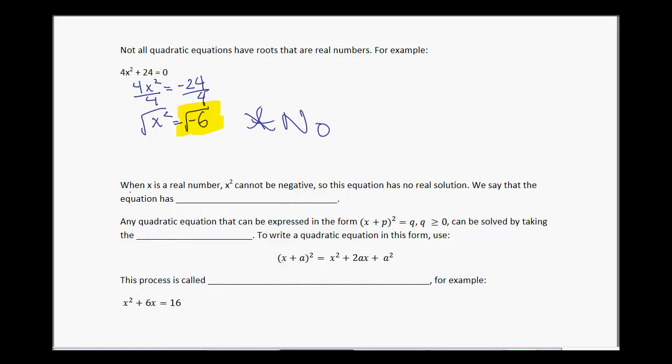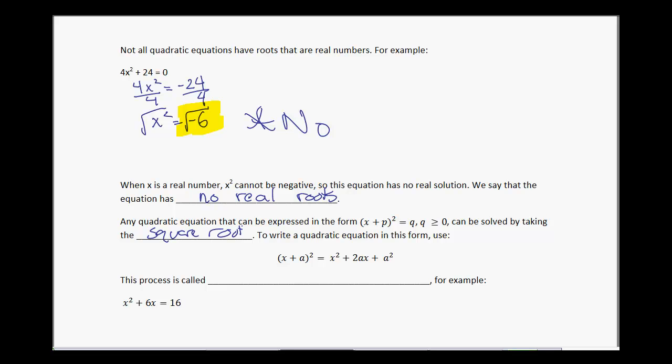Hence, when x is a real number, x squared cannot be negative. So this equation has no real solution. We say that the equation has no real roots. Now, any quadratic equation that can be expressed in the form x plus p all squared equals q, where q is greater than or equal to 0, can be solved by taking the square root.